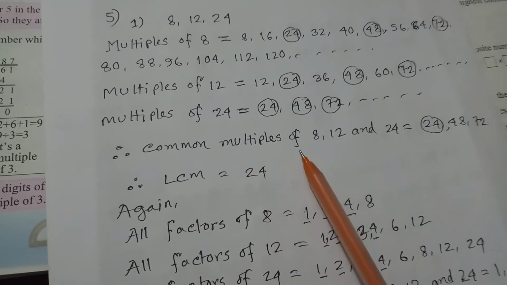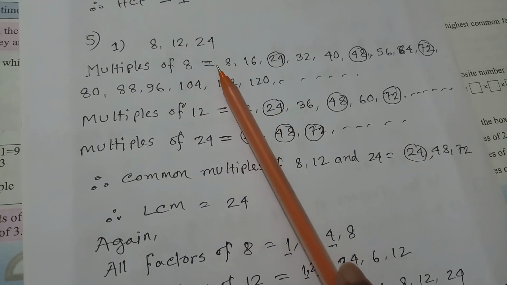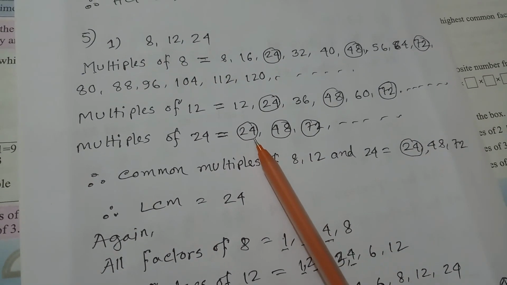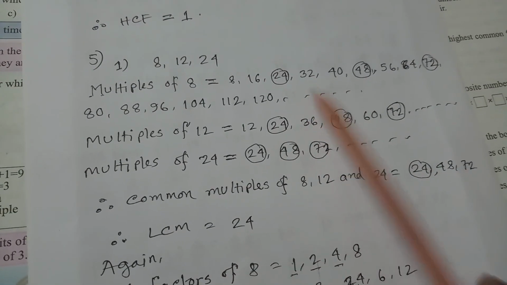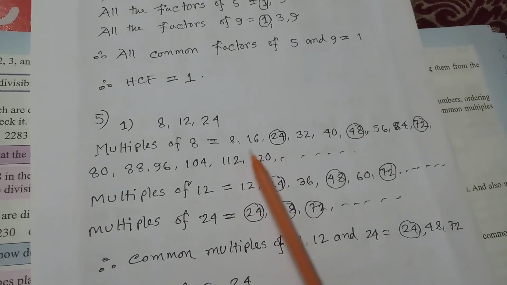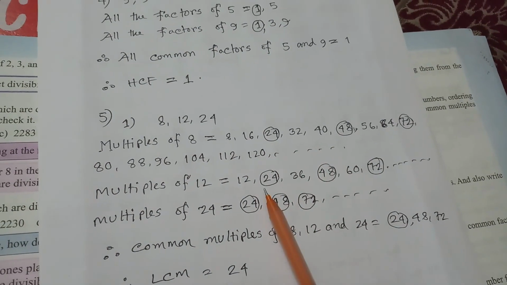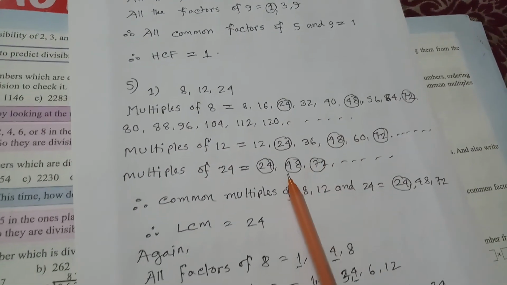Now you have to find the common multiples of these three numbers. Which multiples are common? 24, 48 and 72.